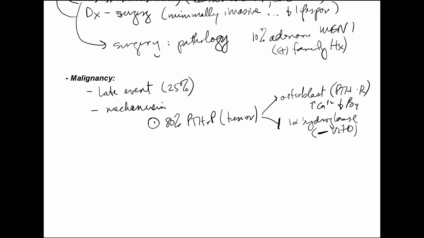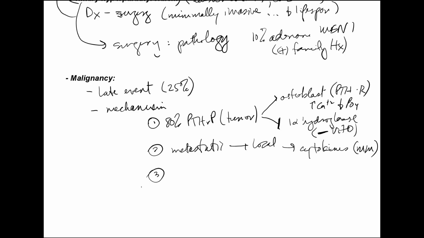Second common mechanism is in metastatic disease, in which there is local effect. And this is usually mediated by cytokines. The model disease for this is multiple myeloma. The third mechanism of hypercalcemia in neoplasm is the tumor itself secretes vitamin D, which increases GI absorption, and this is most commonly seen in lymphomas.